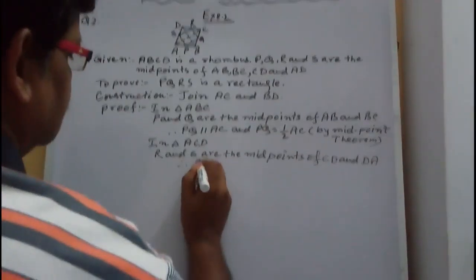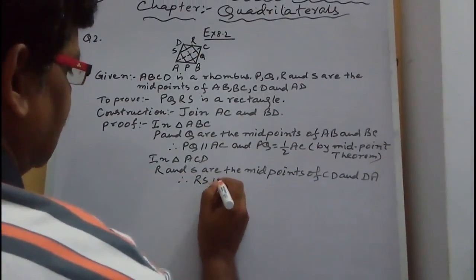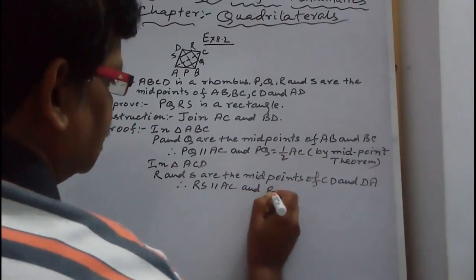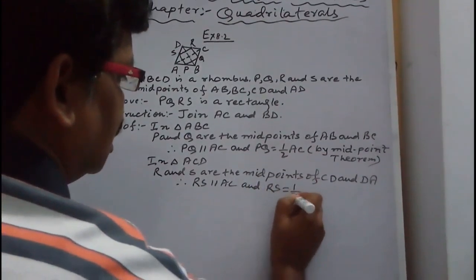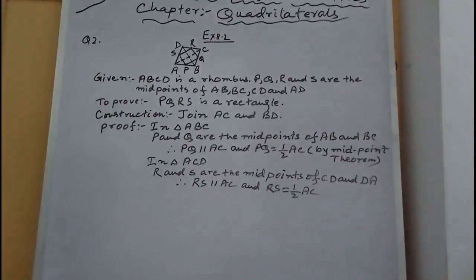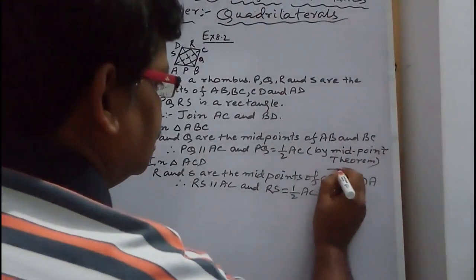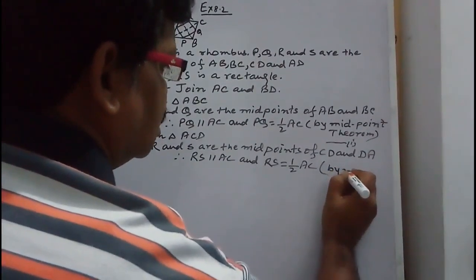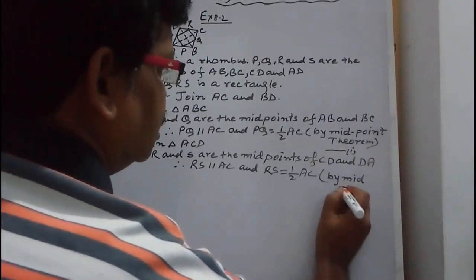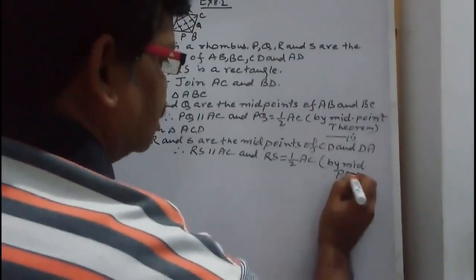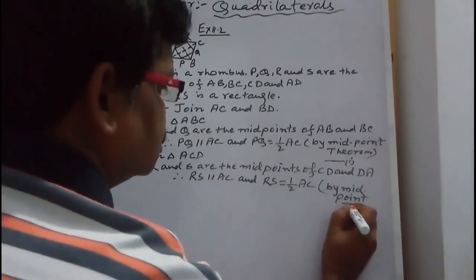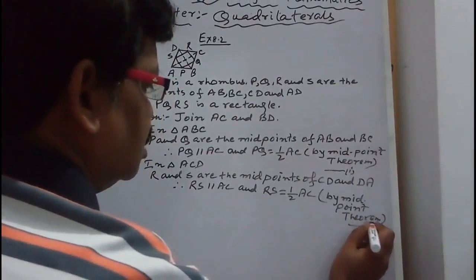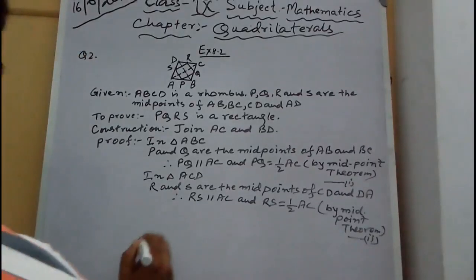Therefore, RS is parallel to AC and RS is equal to half AC. So the first one you take as Roman 1 and this one as Roman 2. So first you write the reason, that is midpoint theorem, that is Roman 2.